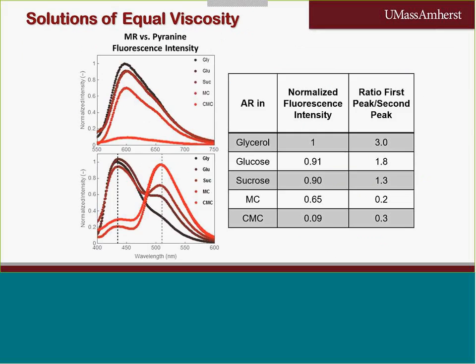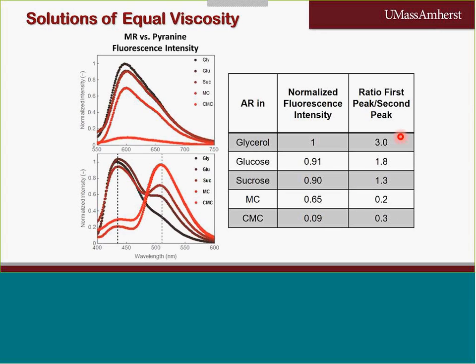So, with two solutions of equal viscosity, we measure the fluorescence intensity of Allura red in those, and also the fluorescence intensity for pyranine in both. What we see is that the fluorescence intensity of Allura red goes down as the size of the molecule used to modulate viscosity increases.